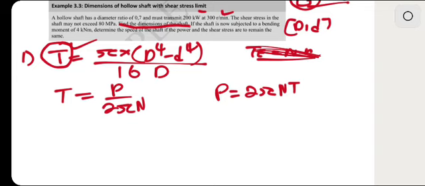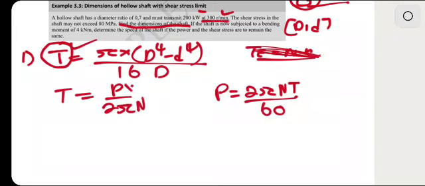All right, we want the power. So we have our N in revolutions per minute, it's 300. Remember, we're supposed to divide by 60 because this is given in revolutions per minute.